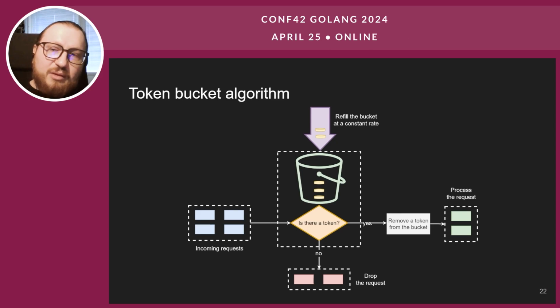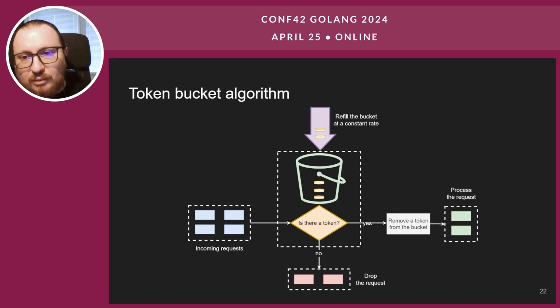When a request arrives, the algorithm checks if there are enough tokens in the bucket. If there are tokens in the bucket, it consumes a token, removing it from the bucket, and allows the request to be processed. Otherwise, if the bucket is empty, the request is dropped.